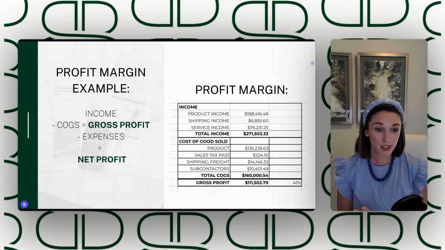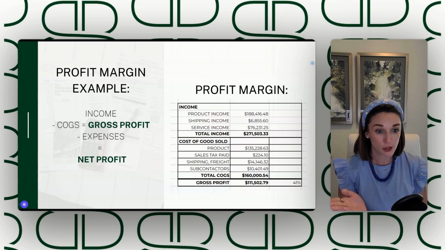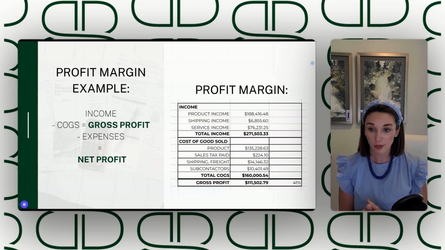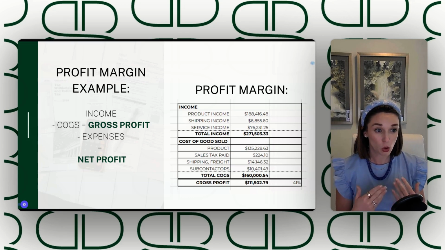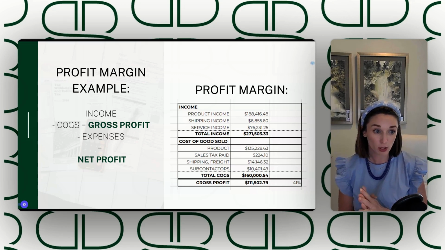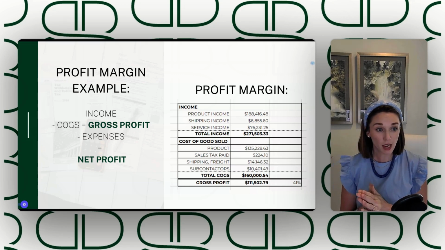And so you can see that the gross profit was $111,000 out of $271,000, which is a 41% gross profit margin. If you remember, in our goal range we said that a great goal for gross profit margin is 35 to 50%.